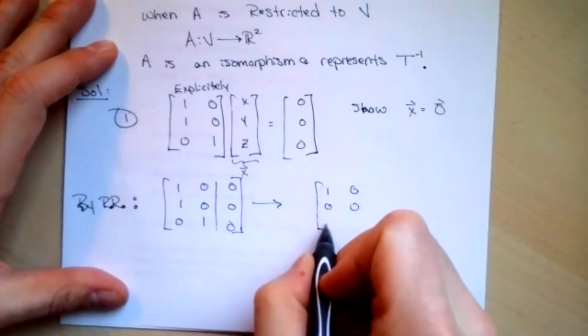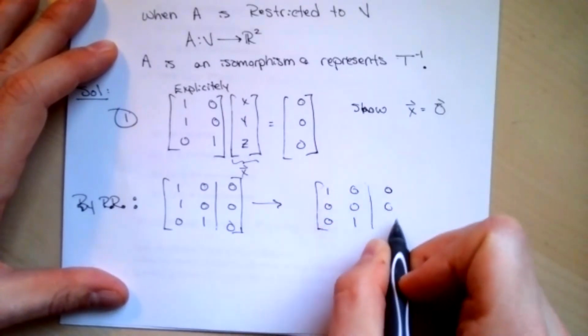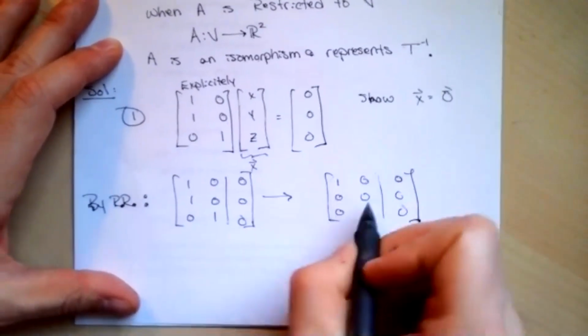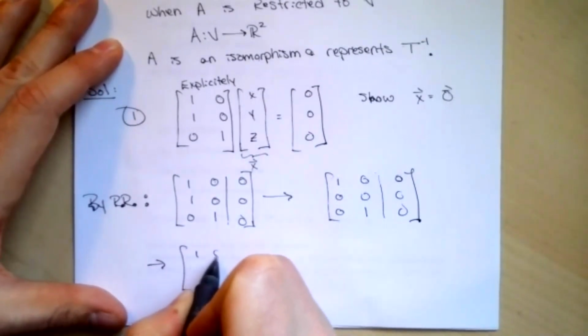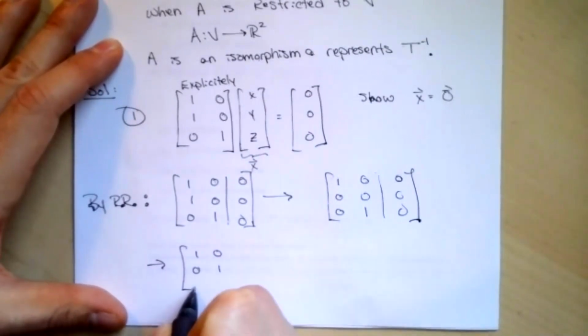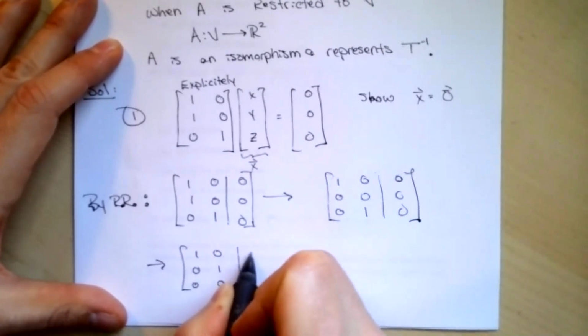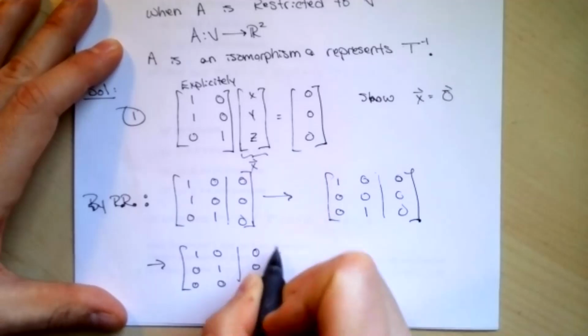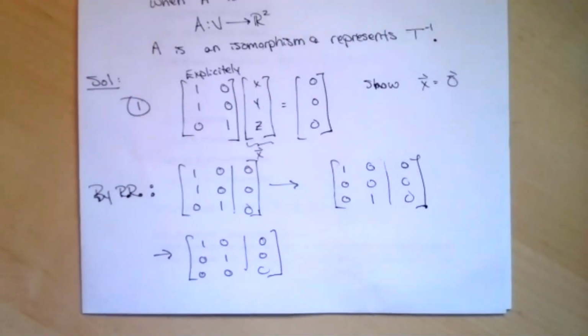Easily get a row of zeros there, and then of course we get 0, 1. Of course the third one's all zeros. And then we can switch 2 of the rows to get our nice 2 by 2 identity matrix sitting inside this 3 by 3. And then we switch the rows.